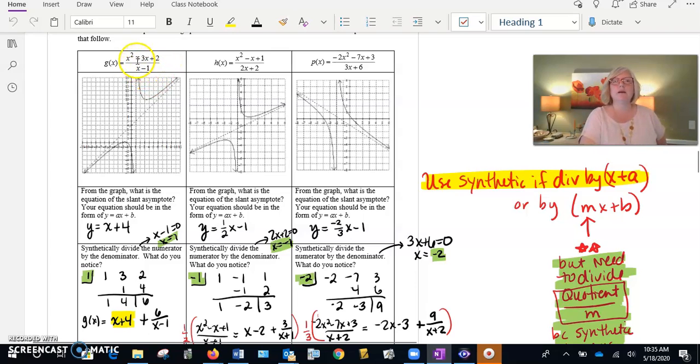And if the degree of the denominator is exactly one more than the degree of the numerator, then we know that we have a slant asymptote. You can see the slant asymptote here, the equation of which was y equals x plus 4. Here the equation was 1/2 x minus 1. And then the slant asymptote here, the equation was negative 2/3 x minus 1.